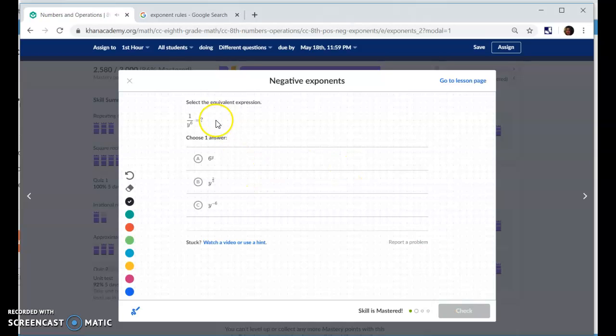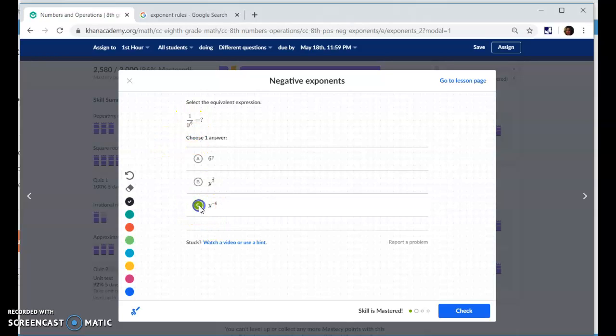It says select the equivalent expression. Okay, so now we're kind of working backwards. So if we have this right here, what does it look like if we have our denominator as, I guess, a numerator, so without it being in the basement? That would be this right here.